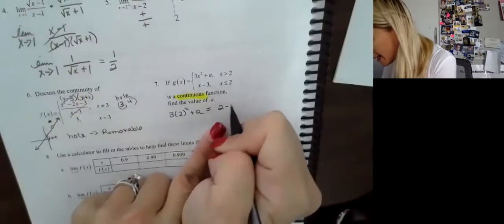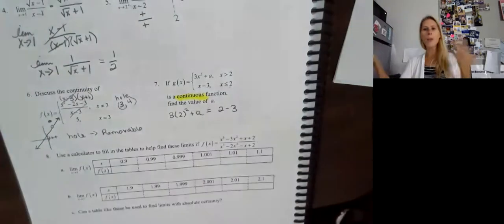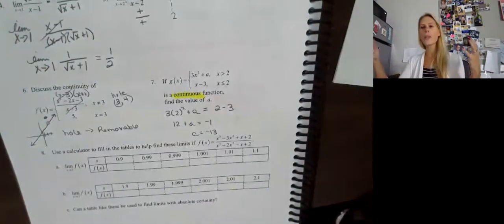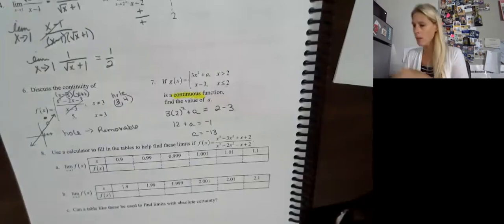And because we want it continuous, it equals 2 minus 3. And then what do you know? Since we only have one variable, all we have to do is solve. So I get 12 plus a equals -1. So a equals -13. If a were any other value than -13, this would not be a continuous function.